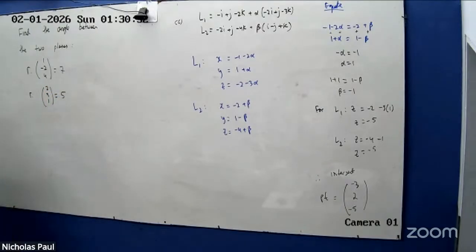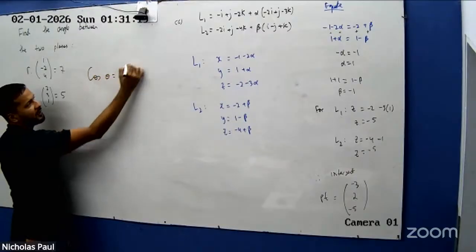Alright, here we have a slight problem, right? They want us to find the angle between two planes. How do we get that? What did you use to find the angle between two vectors again?